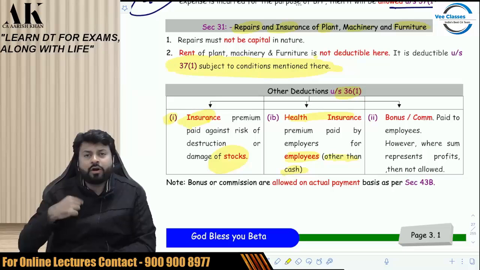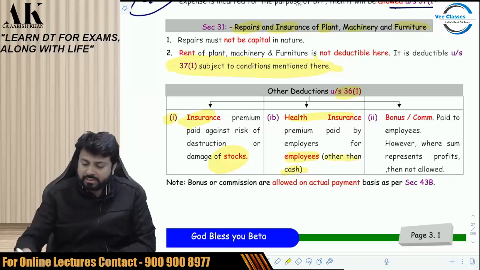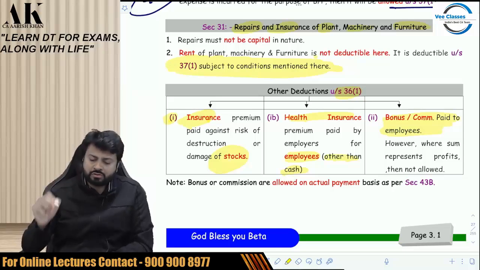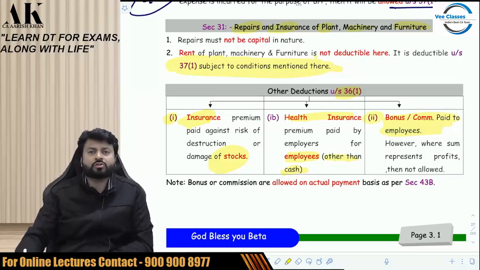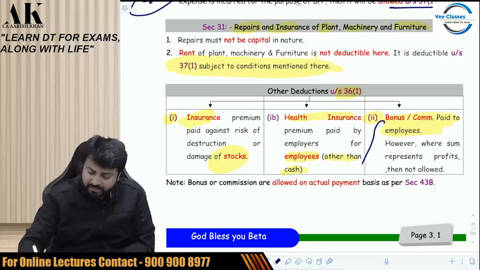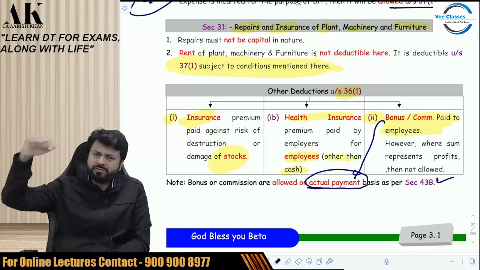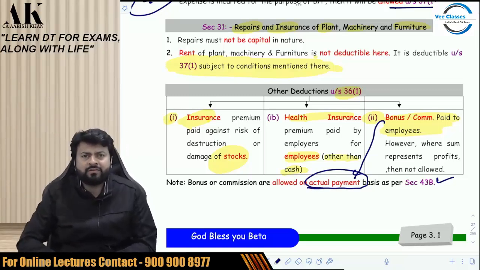Third, if I am employer, you are employee, and I am giving you bonus and commission. If an employer gives bonus and commission to an employee, that is also covered in 36 subsection 1 clause 2. But the condition over here is it has to be actually paid. It is allowed subject to 43B, which we will be doing later on in the chapter of disallowances.